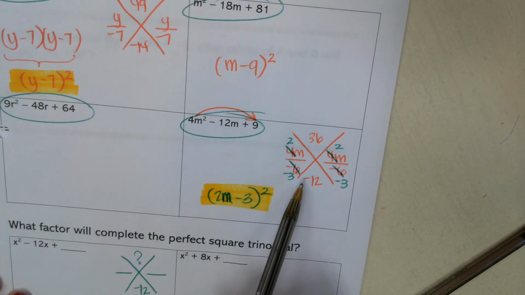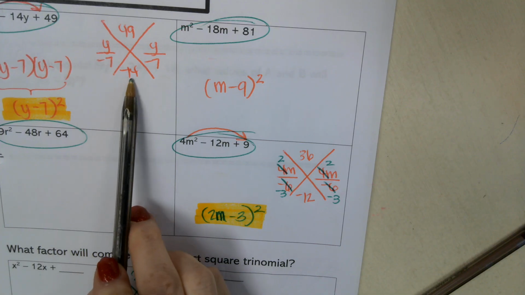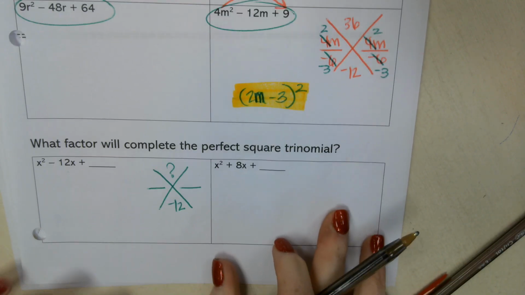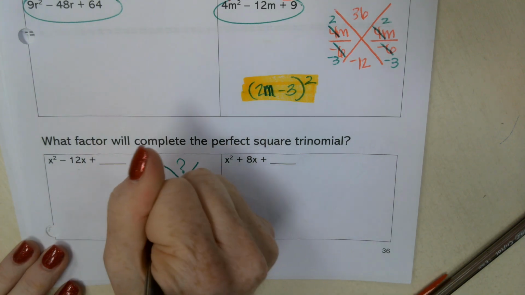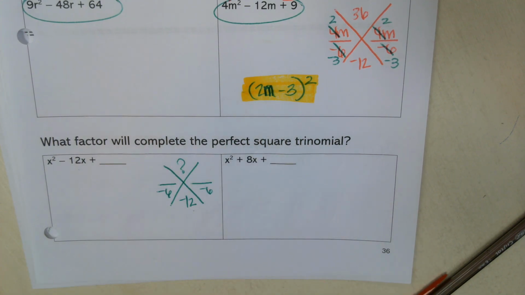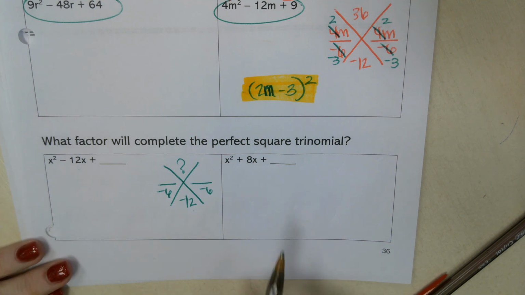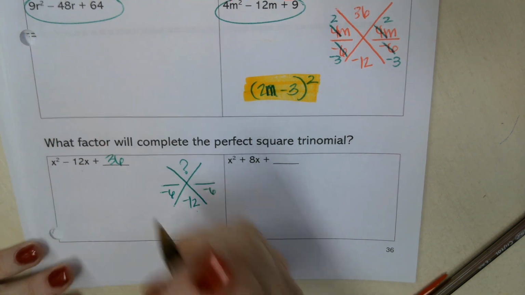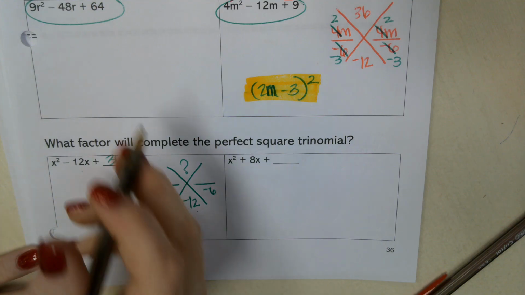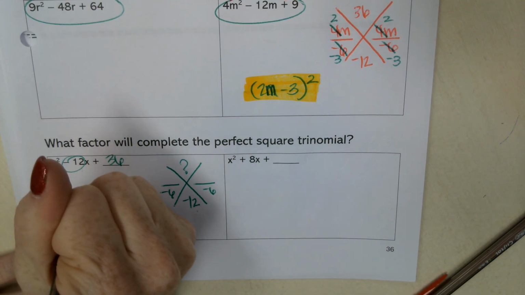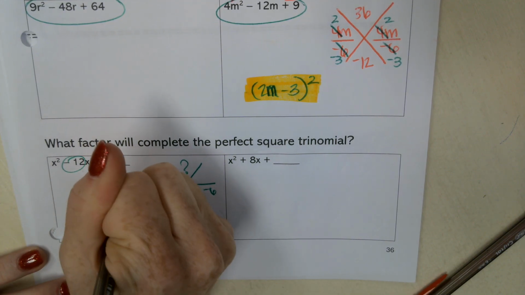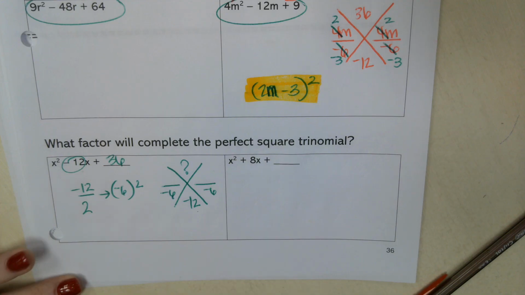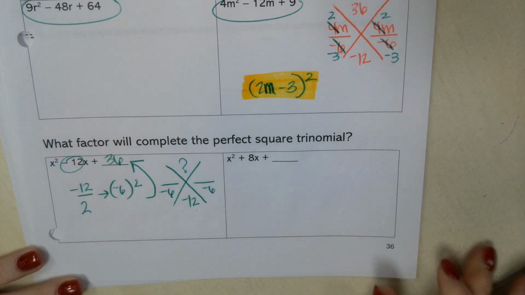So what did I just do? What would I do to that negative 14 to get those negative 7s? You cut it in half. So cut it in half, that gives me negative 6 and negative 6. If I multiply those two things together, I get 36. So what we're doing here, we're taking our middle term, cutting it in half, and squaring it to get that number that goes up here.